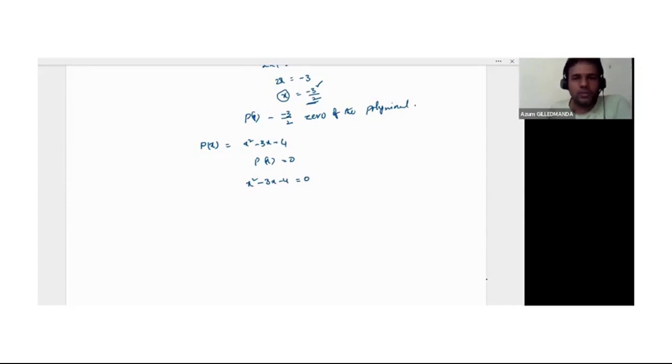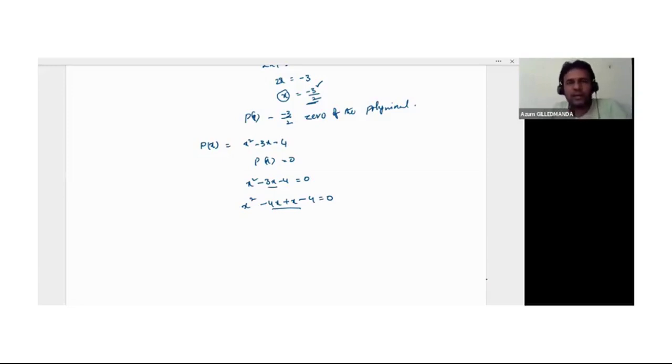Now let's see how to solve this, right? So if I can rearrange this as x square minus 4x plus x minus 4 equal to 0. What I have done is, in place of minus 3x, I have expanded that into minus 4x plus x.